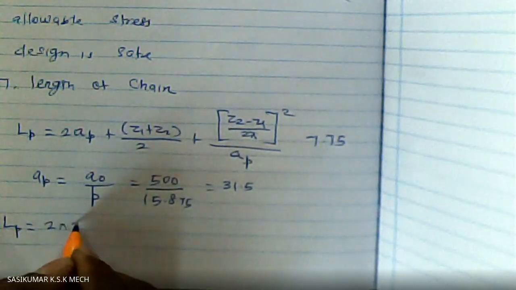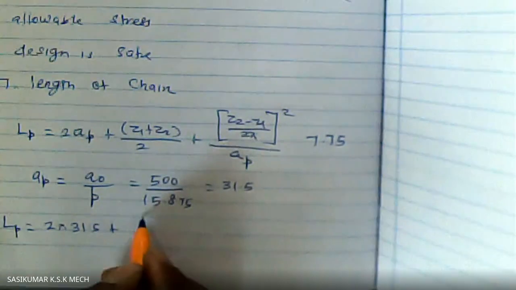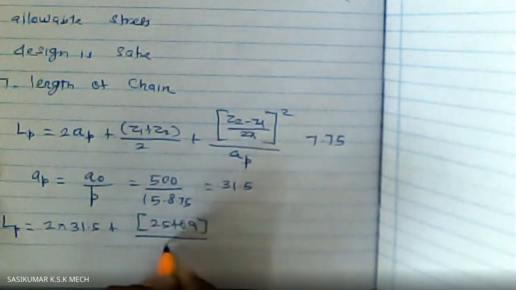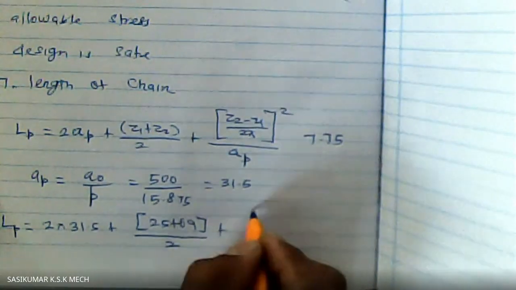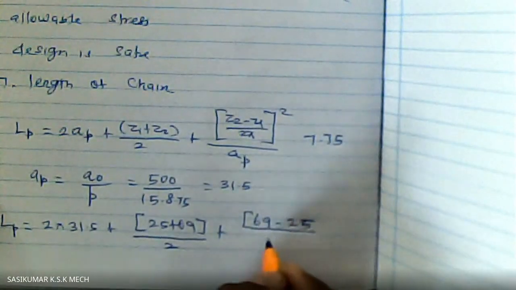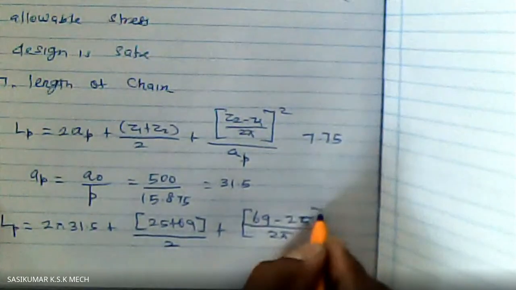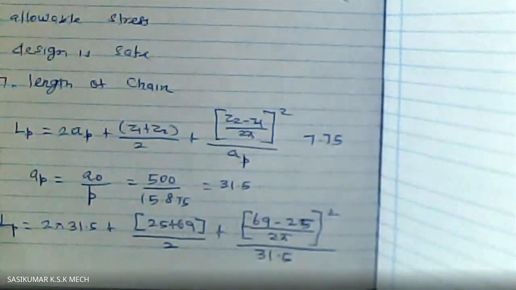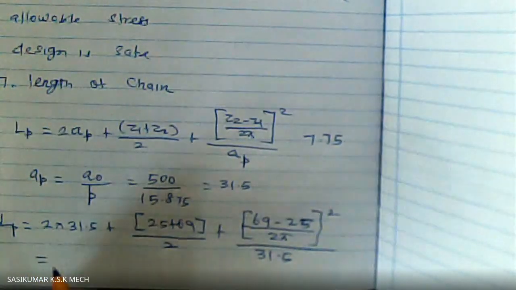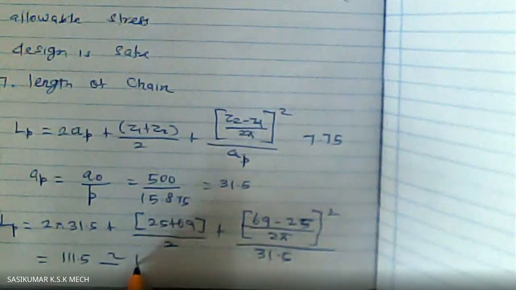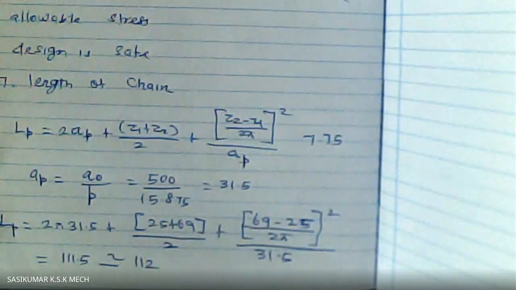So 2 into 31.5 plus 25 plus 69 by 2, plus (69 minus 25 by 2 pi) whole square divided by 31.5. So LP is coming as 111.5, so approximately 112. So length of chain in multiples of pitches is this one.